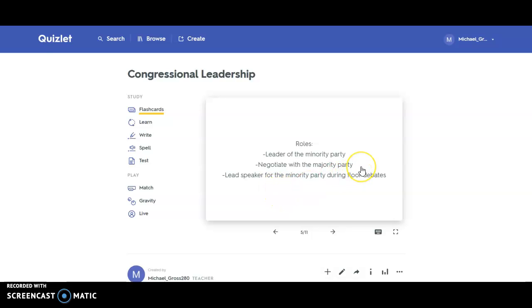The only other difference between the majority and minority leader is that the minority leader needs to negotiate with the majority party. So when you have fewer people, it's hard to get anything passed. So they do a lot of negotiating. Even if a bill is going to be passed that they maybe don't necessarily want passed, they try to add some things in there that would be good for the minority party.